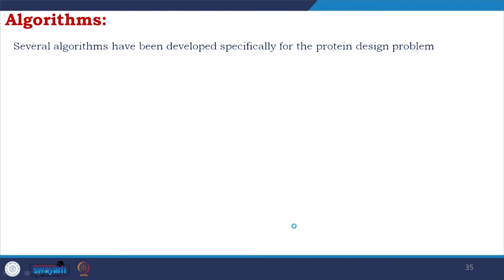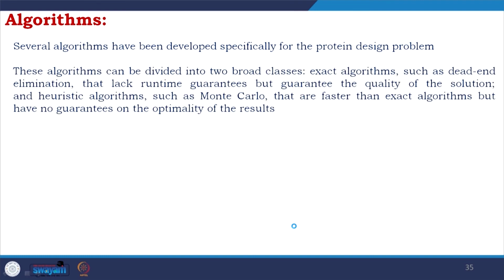Coming to the algorithms, several algorithms have been developed specifically for protein design problems. These algorithms can be divided into 2 broad classes: exact algorithms such as dead end elimination that lack runtime guarantees but guarantee the quality of the solution, and heuristic algorithms such as Monte Carlo, which we explained in the time of MD simulation, that are faster than exact algorithms but have no guarantees on the optimality of the results.